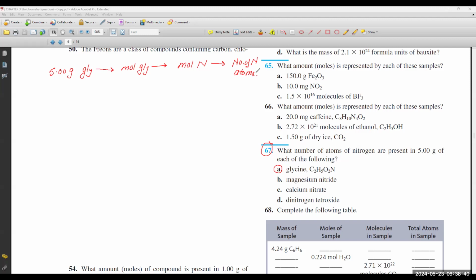Akash has already given the answer with very good language. Akash, perfect. Okay, so let's start. So 5.00 grams of glycine. Then you plug in the first ratio, that 1 mole of glycine divided by the molar mass of glycine. The molar mass of glycine you can calculate from here.